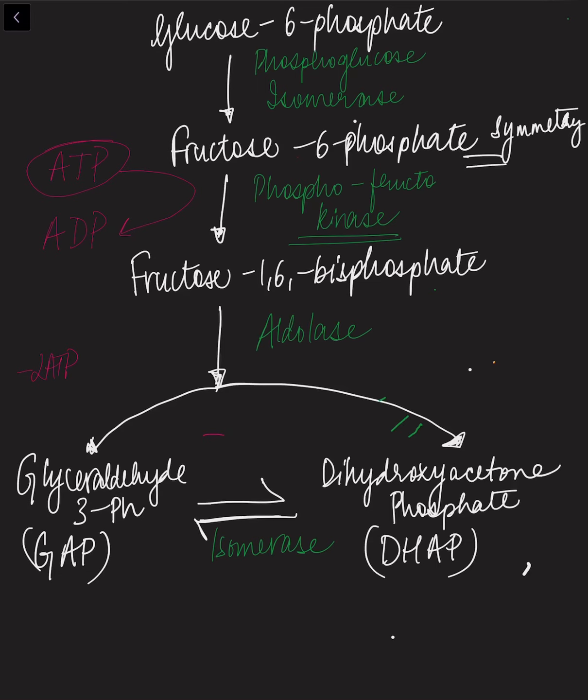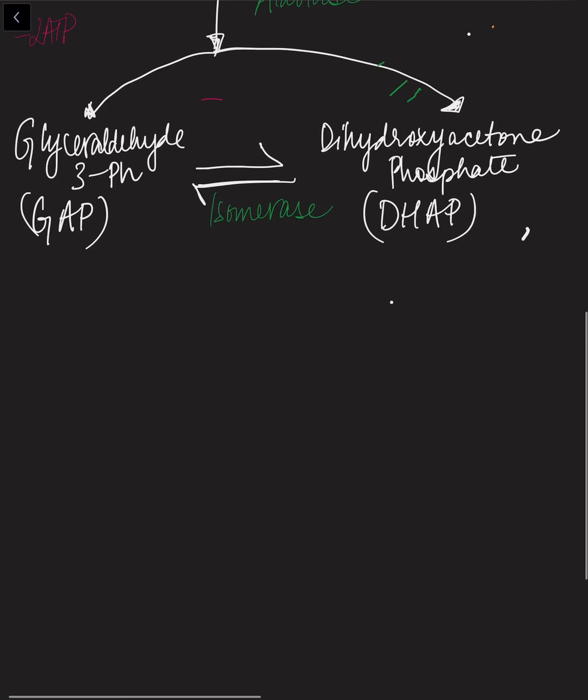Isomers are basically structures with the same chemical formula but different structures. I'll link a video about isomerism and isomerase down below if you want to know more about it. So GAP is the only intermediate which can be used in the further steps of ATP.